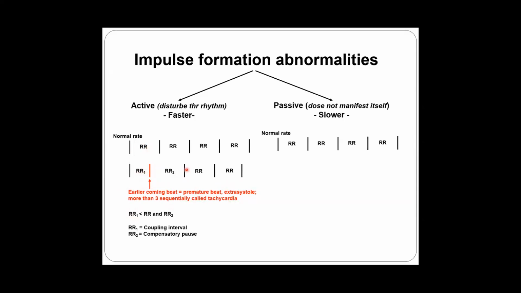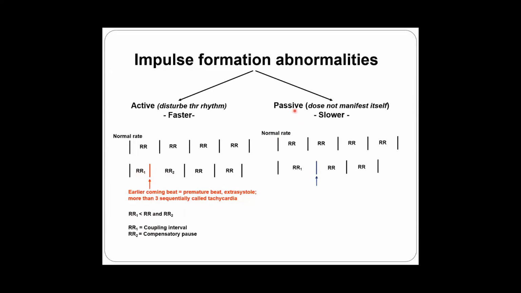That's very, very important. Now, this distance, the R1 interval, is called the coupling interval, and the RR2 interval is called the compensatory pause. You learned this in physiology, it's not a big deal.